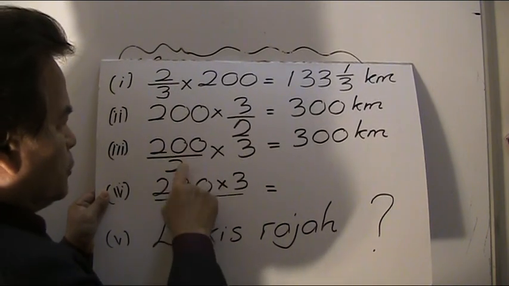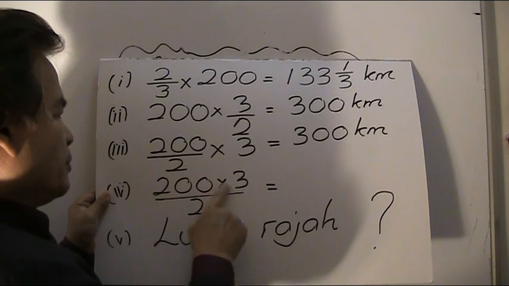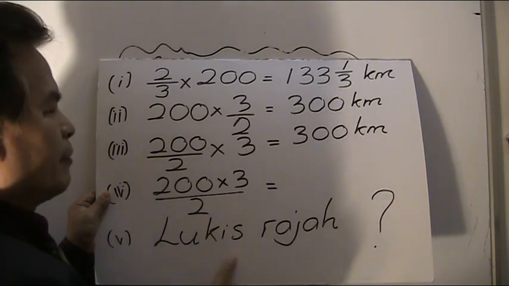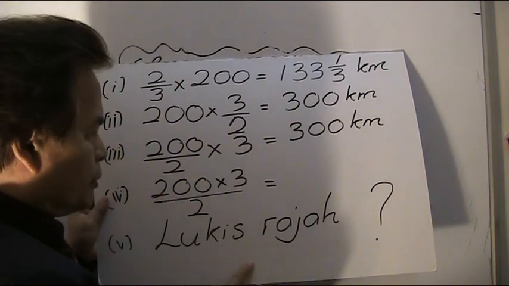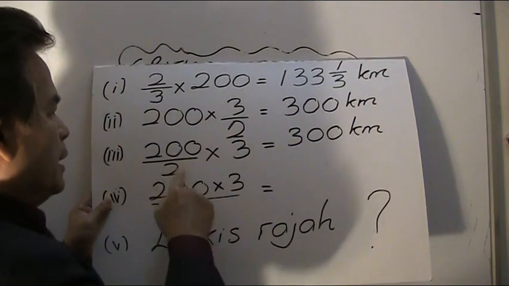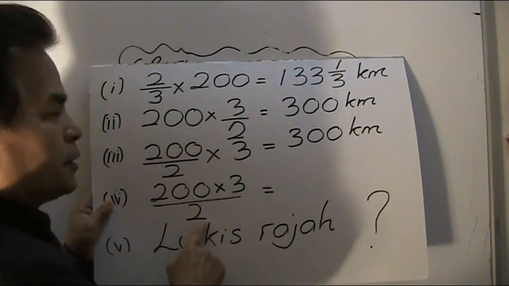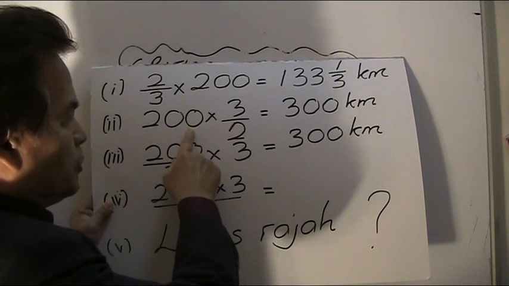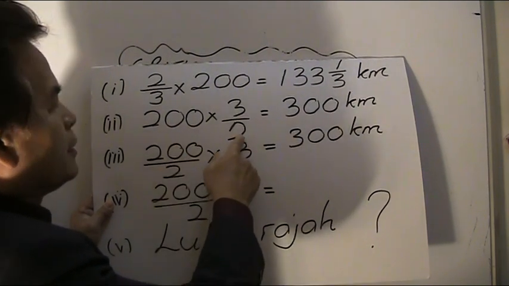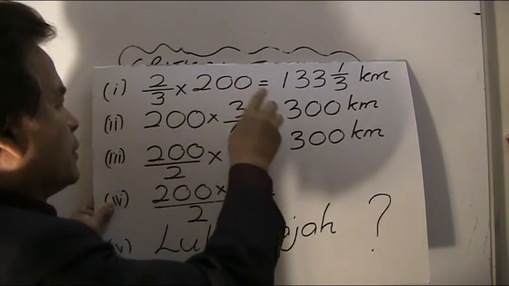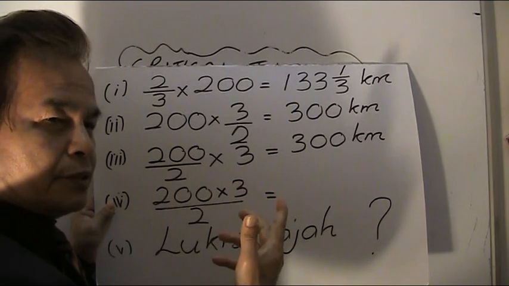Instead of 200 over 2 multiplied by 3, they can also work this way: 200 times 3, the whole thing over 2. But thinking students, of course, know why they take 200 over 2 times 3, or 200 times 3 over 2. But students who are not trained how to think just invert the fraction without knowing the reasoning behind the procedures.